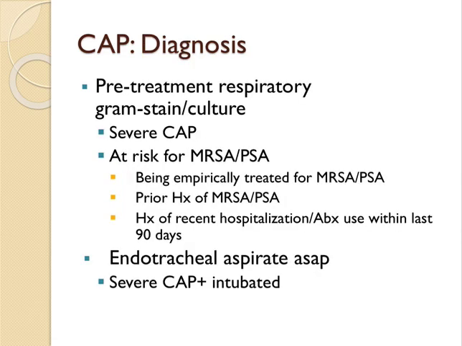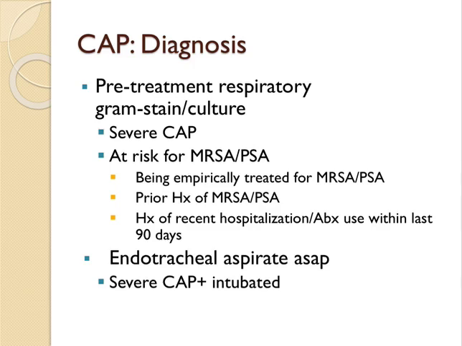So now we're going to start talking about the first portion of the guidelines that addresses specifics on the diagnosis of community-acquired pneumonia. Specifically, I wanted to discuss their recommendations on obtaining pre-treatment respiratory culture and gram stain in patients with community-acquired pneumonia.